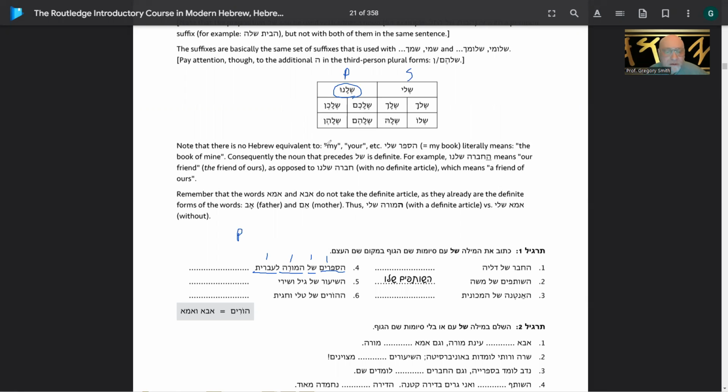And now as far as books, I'm almost certain, because it's got the eem ending, it's going to be masculine gender. But there's a way to check that with Pa'alim. Hasefarim.